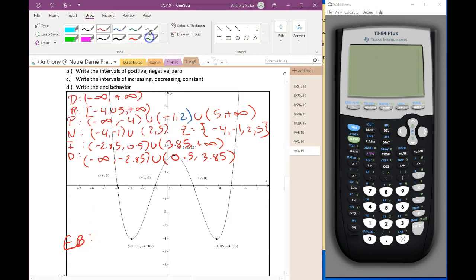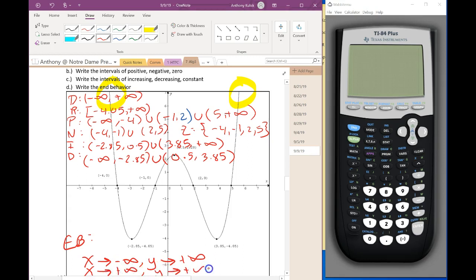So remember, the end behavior is describing the direction the arrows at the end of the graph are pointing. So the left arrow points up, and then we say the right arrow points up.